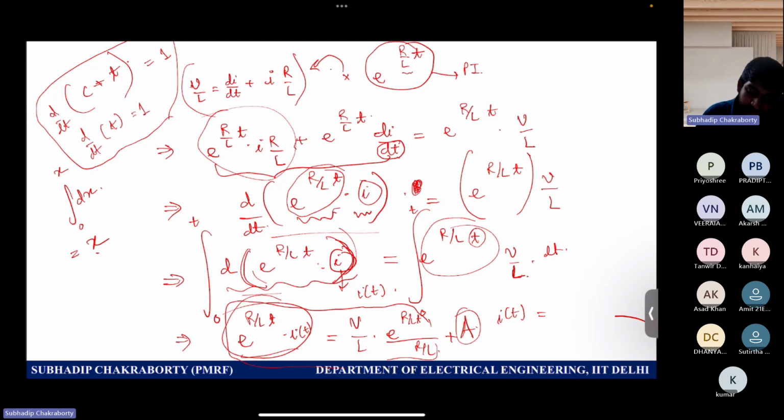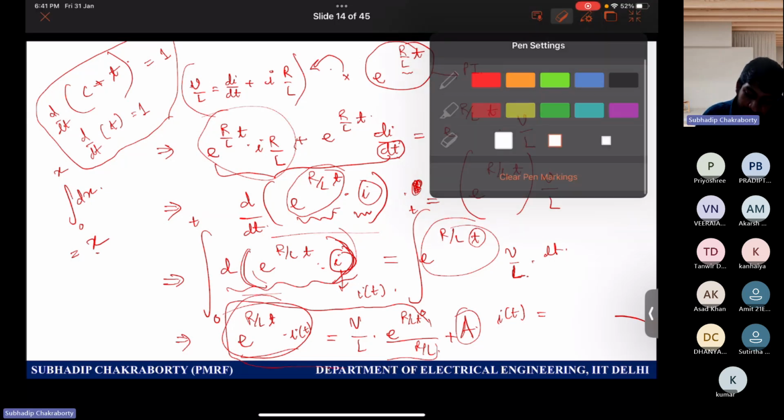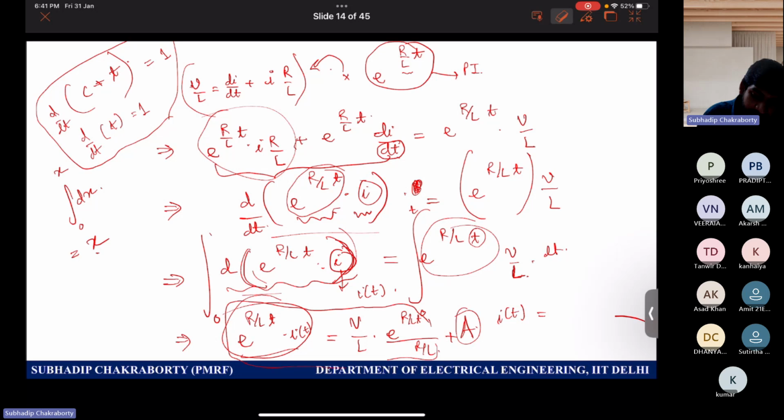And this integration limits, none of you are attentive, I can understand. Why should you put t? There will not be t, because the limits of the integration are put for whatever is inside d, the term getting integrated with respect to this variable dt.